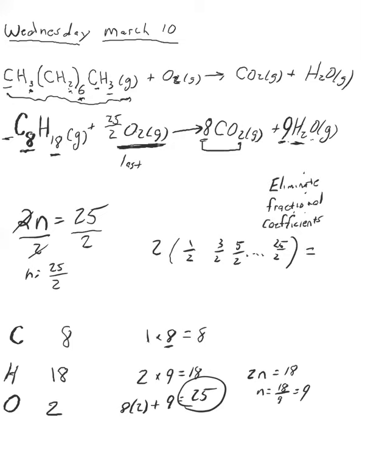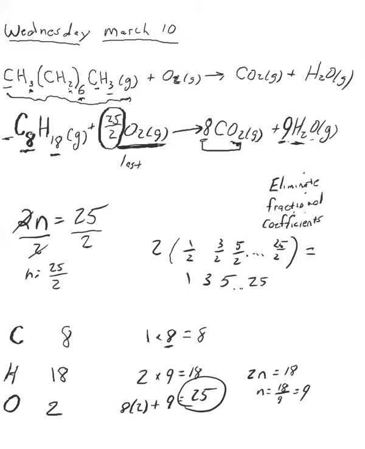So 2 times a half is 1, 2 times 3 halves is 3, 2 times 5 halves is 5, 2 times 25 halves is 25, and that eliminates it. So the issue you have to deal with, though, is that if you multiply this 25 halves by 2, that changes the number of oxygen atoms, right? You go from 25 halves to 25. So you also have to get this up to 25 on the right side.